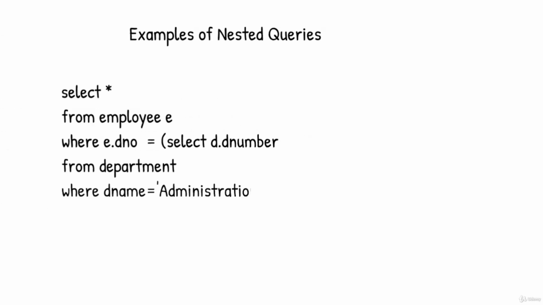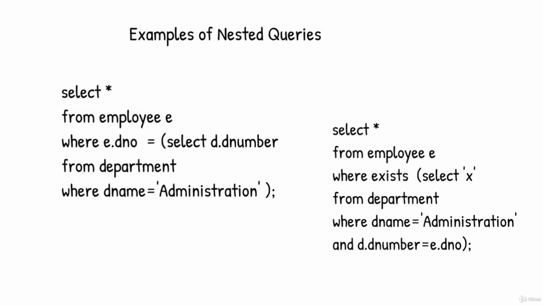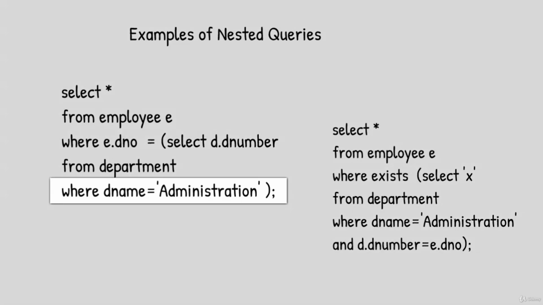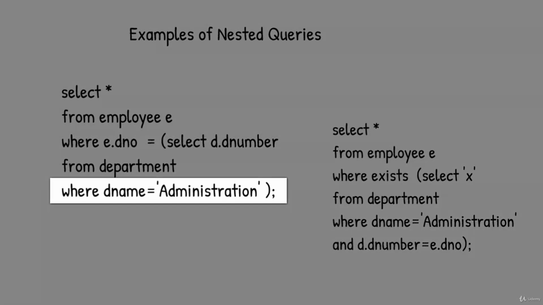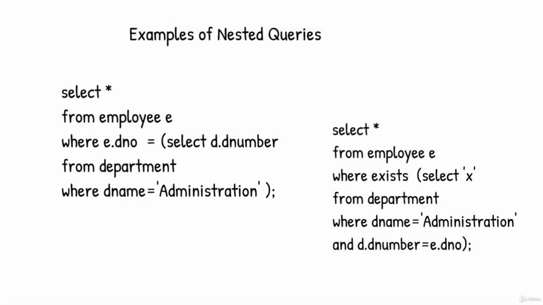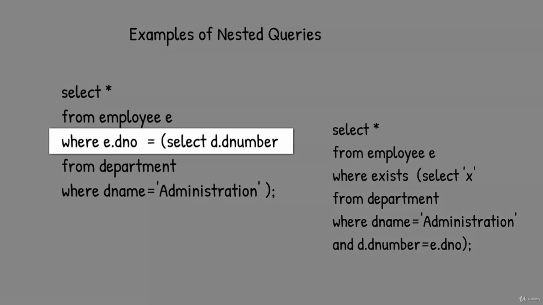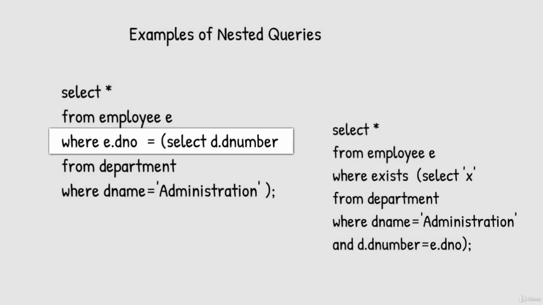So in this example of a SQL, we are joining the two tables. Basically, we are fetching the data from one table based on the data from the other table. If you see the first query, select star from employee, here we are fetching all those employees whose department name is administration. So the link between the department and the employee table is by D number in employee and D number in department.